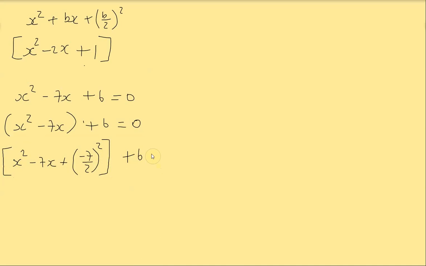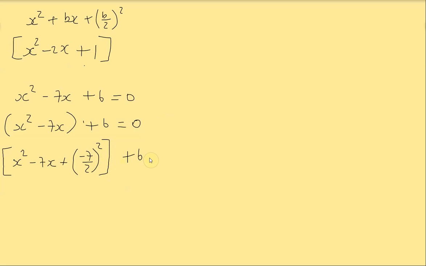But remember now, initially we did not have this negative 7 over 2 all squared. So basically we have just changed the overall value of this expression by adding the negative 7 over 2 all squared.